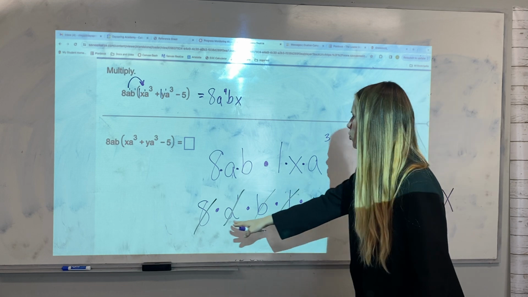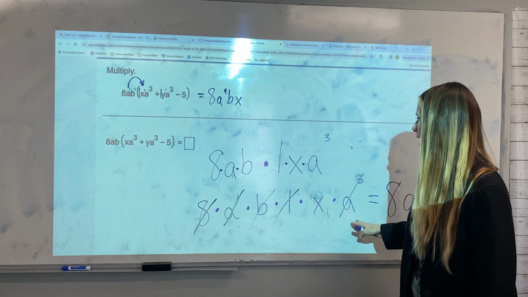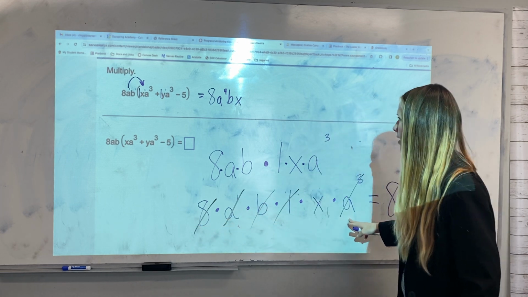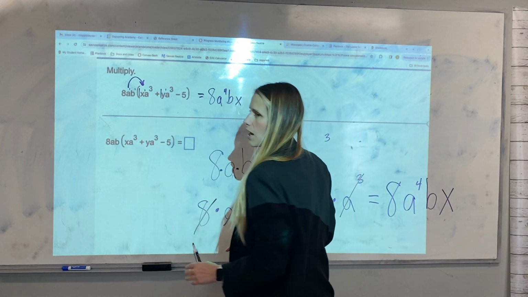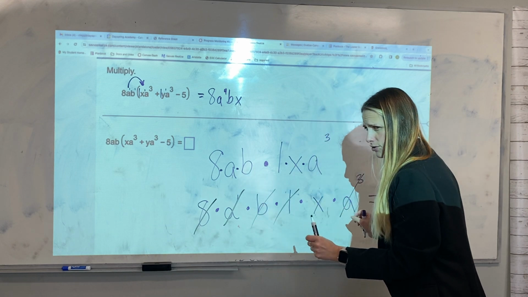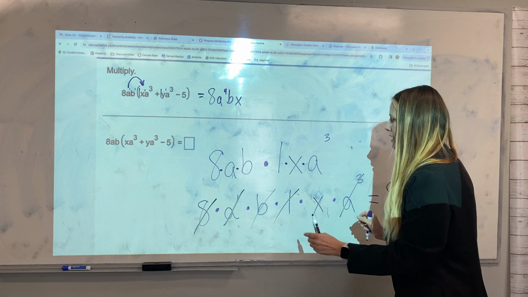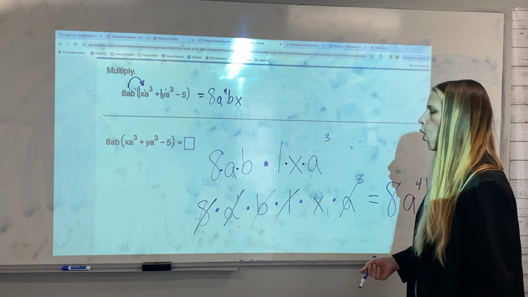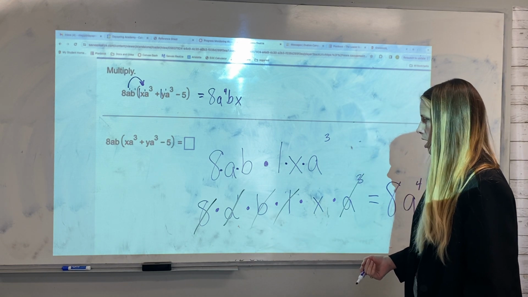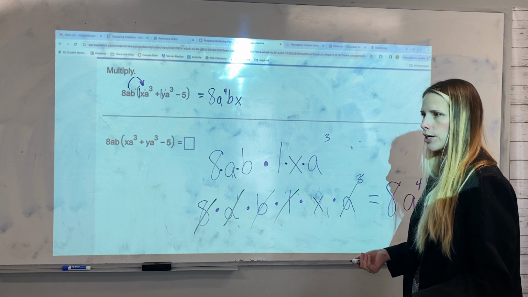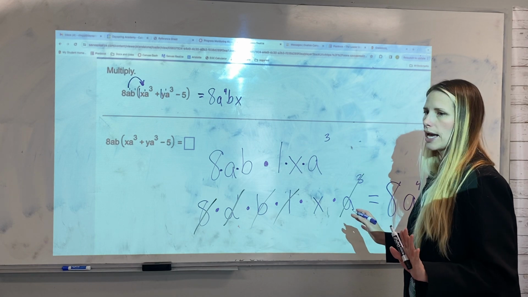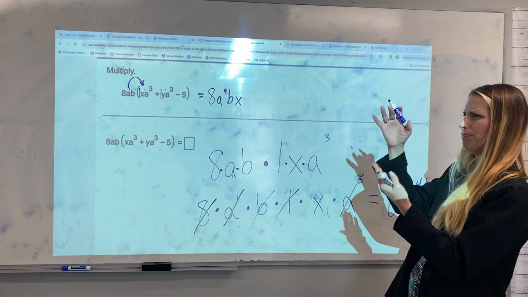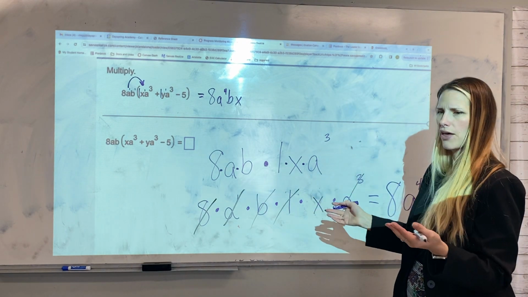The reason I wrote it all out like that, even though this is the exact same thing as this times this, is I separated everything because it helps me organize the information. I'm not trying to make it easier or harder. I'm just trying to keep it organized so I don't get confused as to how to move everything together.